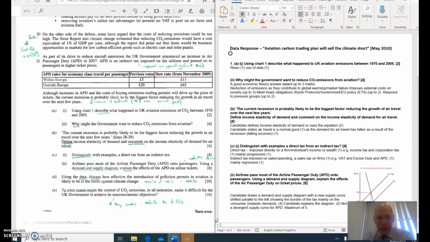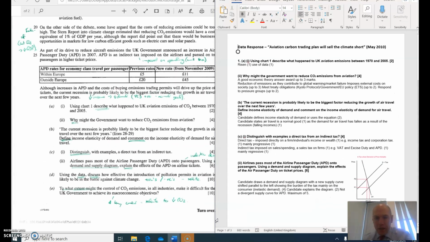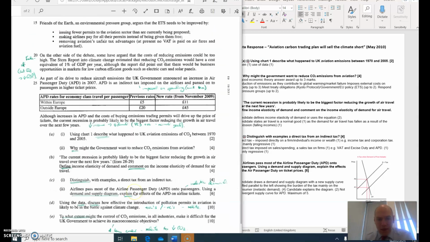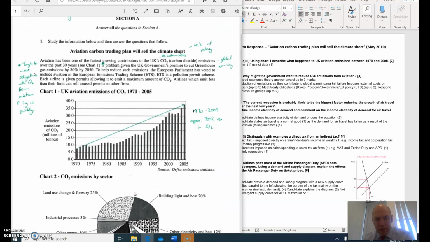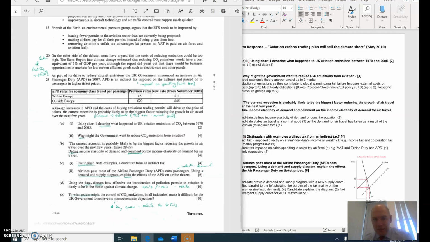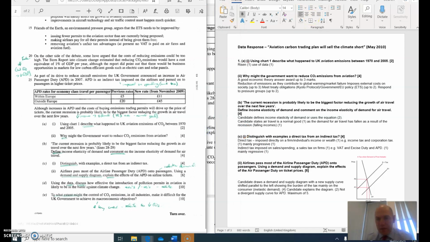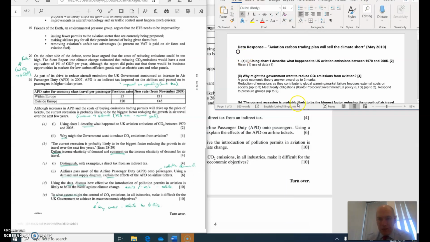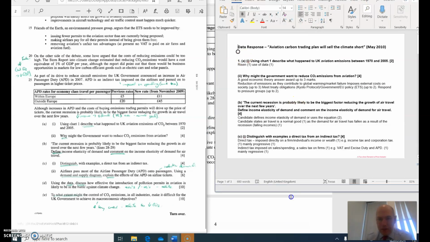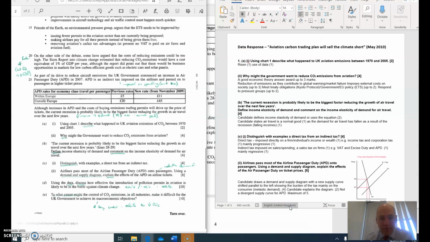In terms of question 1, this was about the charts. What's happened to emissions? Well, as I said, it's risen roughly 700% between 1970 and 2005. Now, question part 2, why might the government want to reduce CO2 emissions?